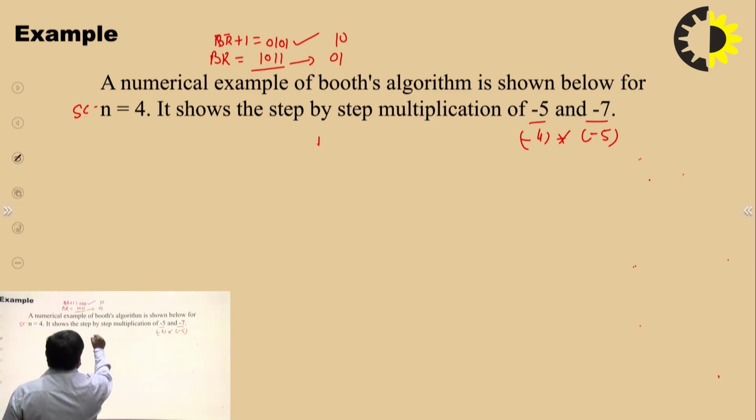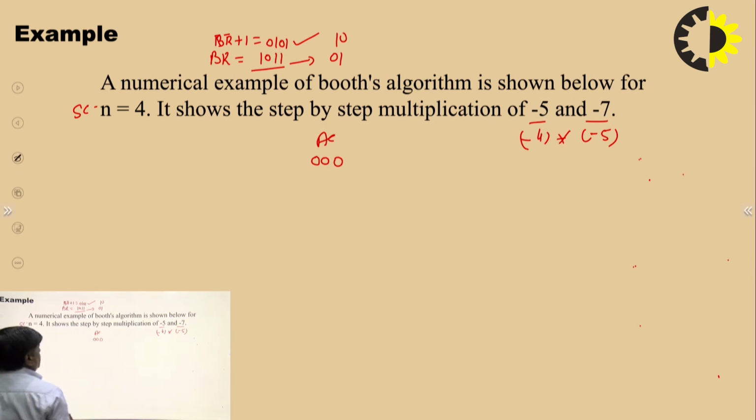Now in starting, AC is 0, 0. Now first we check what is the bit value of 4, that is 0, 0. What is the complement of the 4, that is 0, 1, 1, and plus 1, that is 1, 1, 0, 1, 1, 0 and 1. Now this is the minus 4.